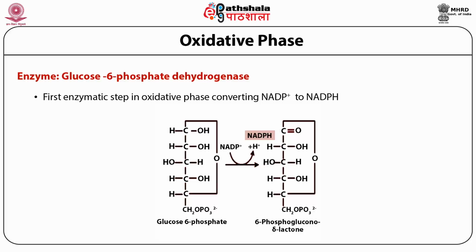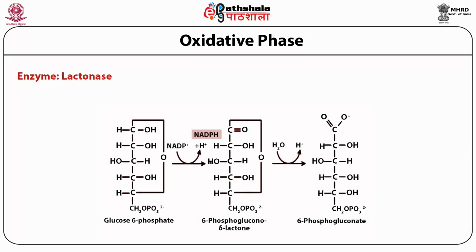This is a very favorable reaction in the forward direction, producing NADPH. The reaction shows the action of the enzyme lactonase. The lactonase opens by hydrolysis, adding a water molecule to cleave a bond, usually a type of amide or ester.